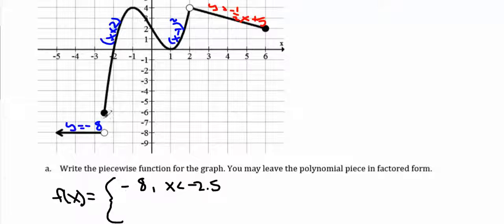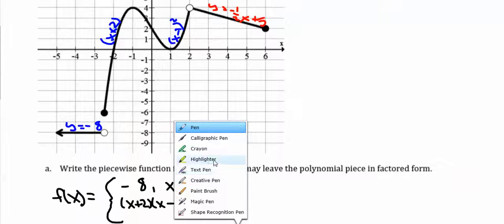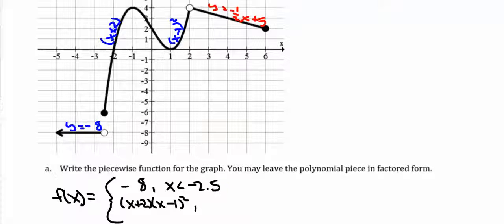Second one, let's do my cubic function. This next one, I'm going to leave in factored form. So I have x plus 2, x minus 1 squared. And that occurs between, let me take my highlighters so we can look exactly where that occurs, between negative 2.5 and 2.